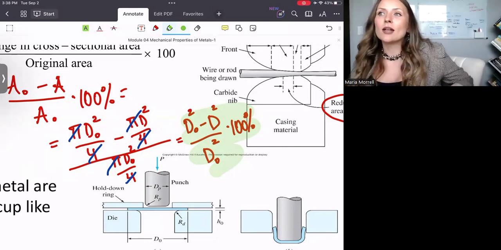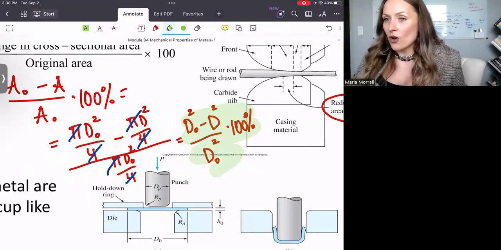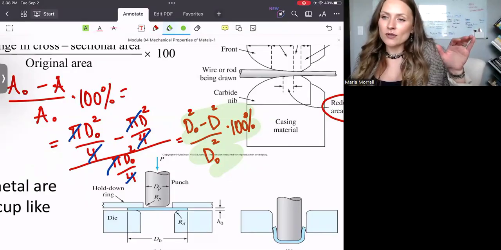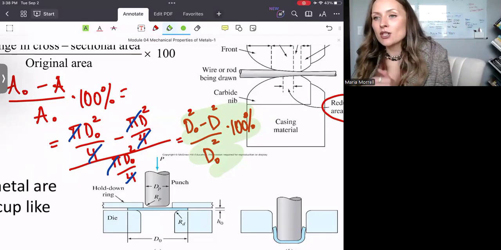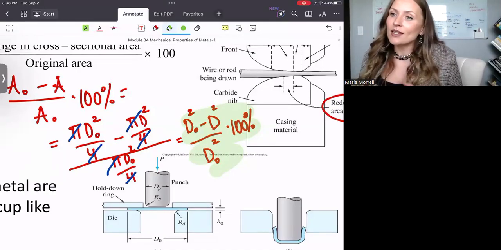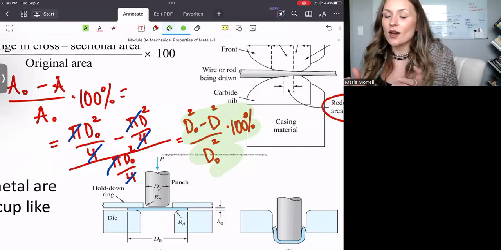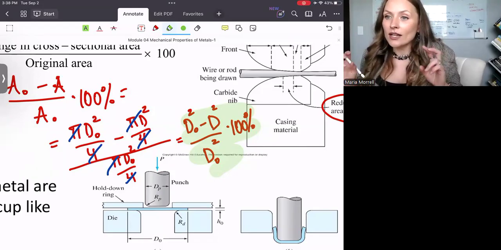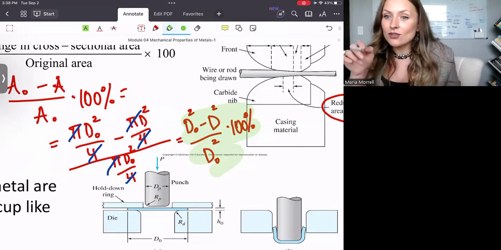For the rolling process, we measure the reduction in thickness, and for the wire drawing, we measure the reduction in cross-sectional area. Sometimes I give students a problem where I clearly describe the wire drawing, and then what happens is that they use diameters, but they forget to square them.